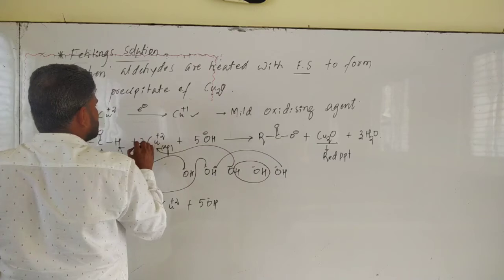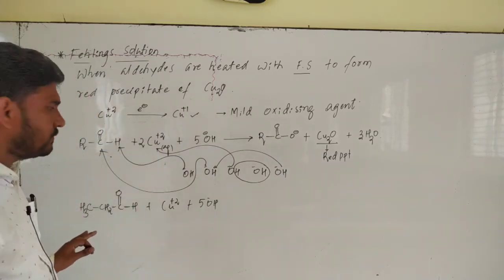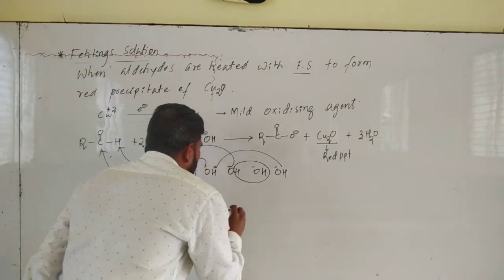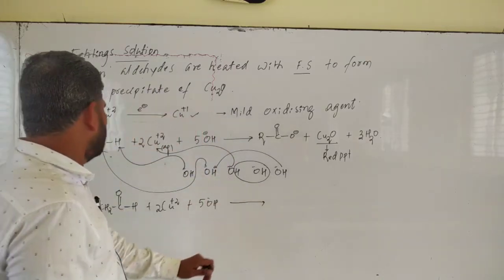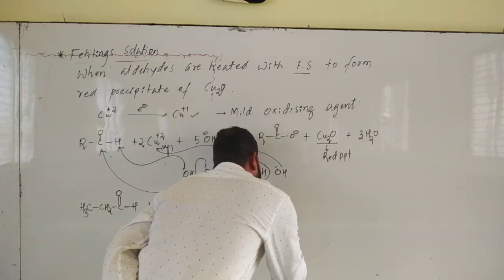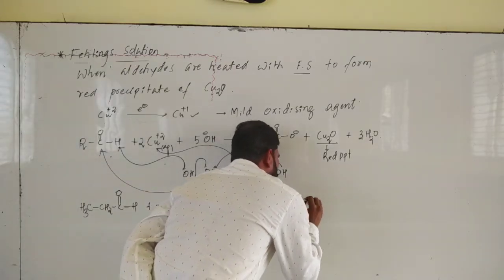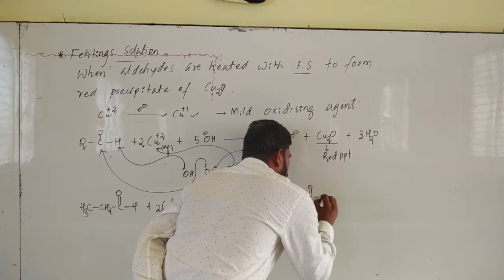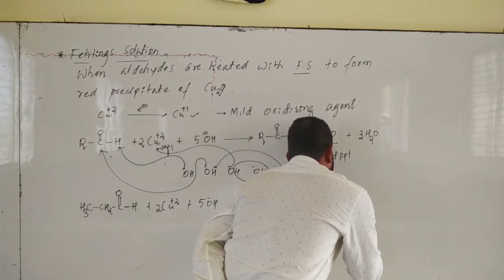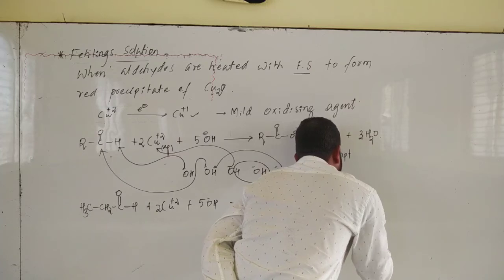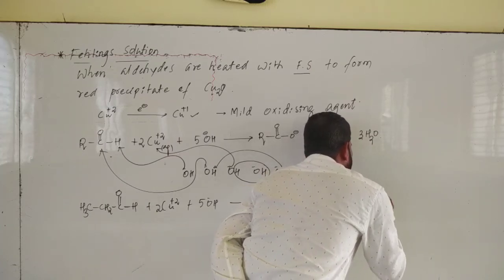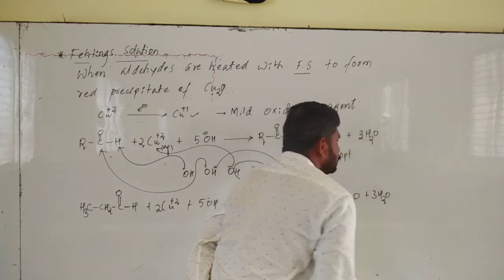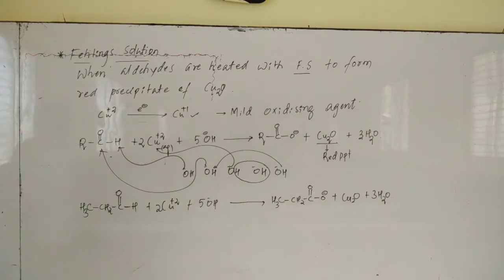Over here 2 coppers are there, just make it 2. Everything is balanced. Okay. What will happen? It's very simple. CH3CH2COO minus plus Cu2O plus 3H2O. Understood?